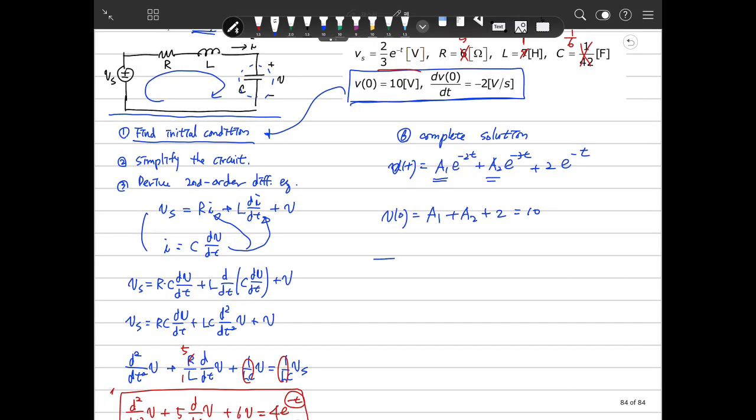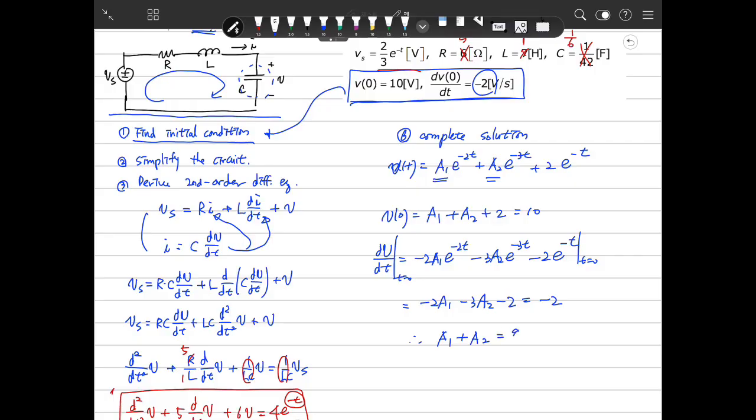And second, dV/dt is minus 2 A1 exponential minus 2t minus 3 A2 exponential minus 3t minus 2 exponential minus t. Then at t is 0, that value is minus 2 A1 minus 3 A2 minus 2, and that value will be minus 2. Therefore, A1 plus A2 is 8, and minus 2 A1 minus 3 A2 is 0.